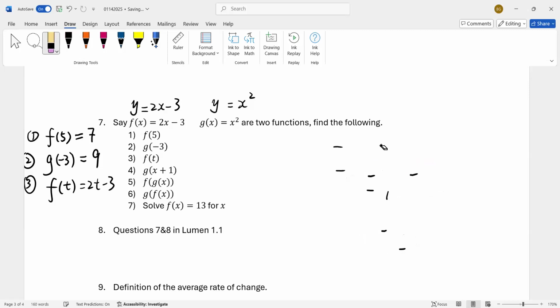Okay, so number 4. Number 4, we need to find g of x plus 1. Can you tell me what's the input in number 4? What's the input here?